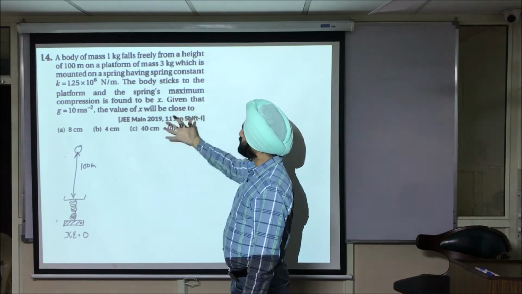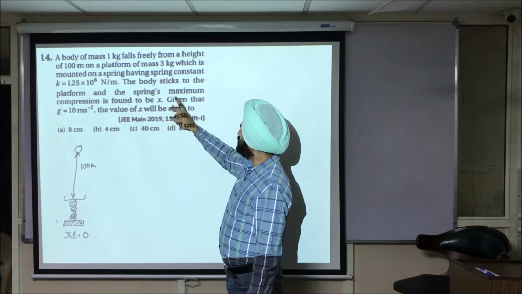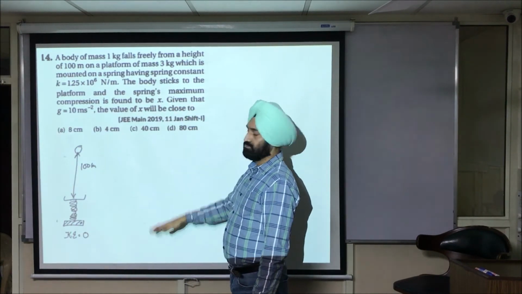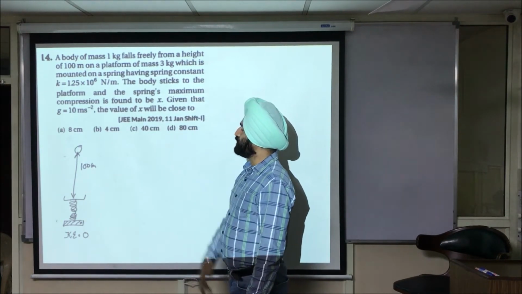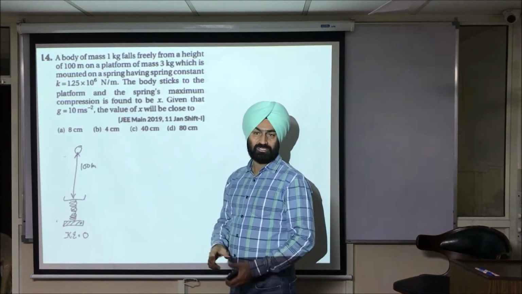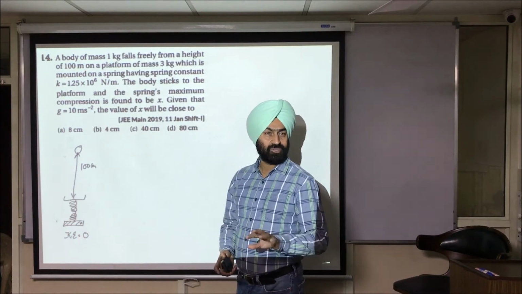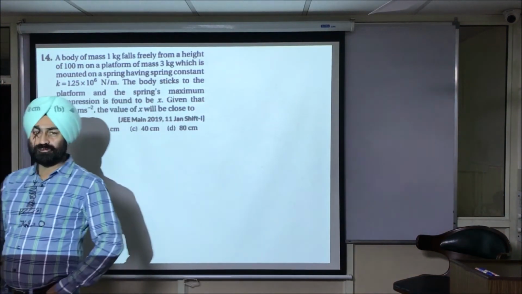The body sticks to the platform and the spring's maximum compression is found to be x. What is the value of x, if g equals 10 meter per second square, close to? Close to means you have to mingle with the calculation. You can temper the calculation. You can use approximations.